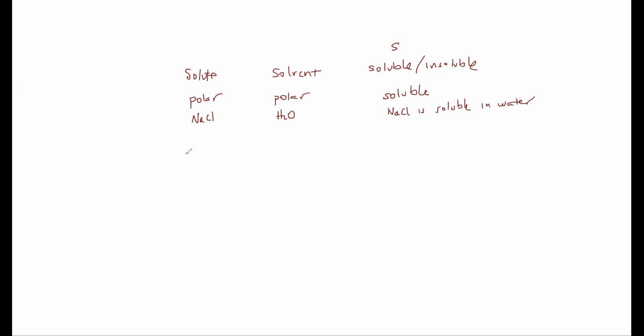Let's say my solute is nonpolar and my solvent is polar. Do they have similar polarity like they had over here? No, that means it's going to be insoluble. Let's give an example: oil is nonpolar and water is polar.